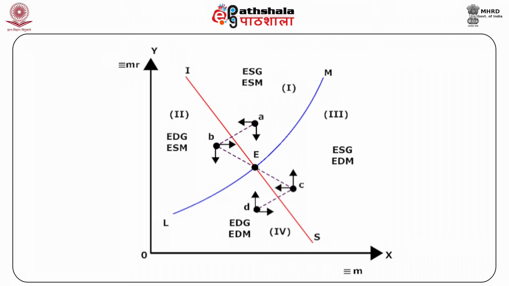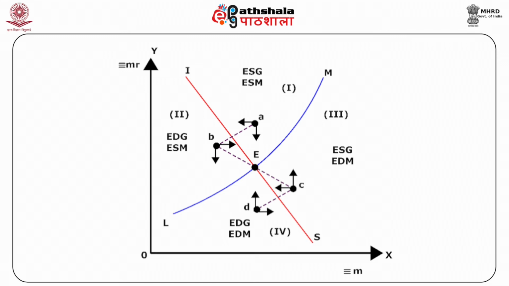The way to understand this is that if we are talking about the IS function, it is with respect to the goods market, and the goods market is being measured on the x-axis. Therefore, the arrow would always be parallel to the x-axis, that is, we would talk of contraction of the income level or expansion of the income level, and therefore it is horizontal.